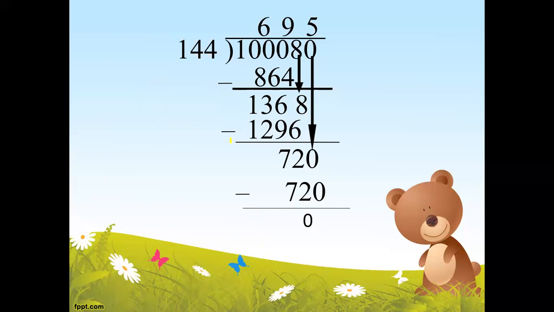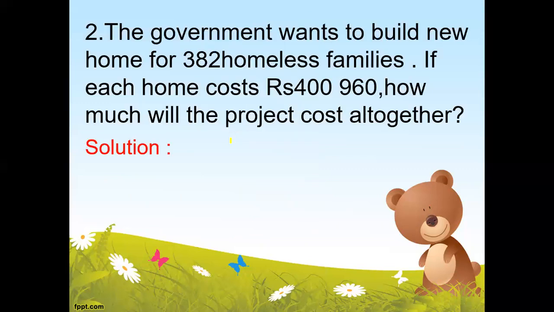Now let's come to our second question. The government wants to build new homes for 382 homeless families. If each home costs rupees 400,960, how much will the project cost altogether? Now look at the question carefully.